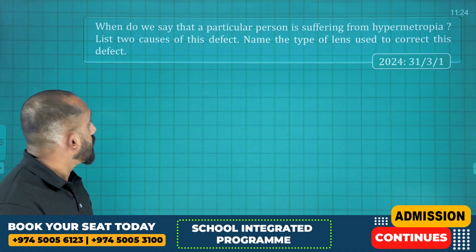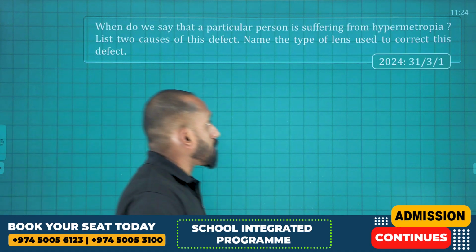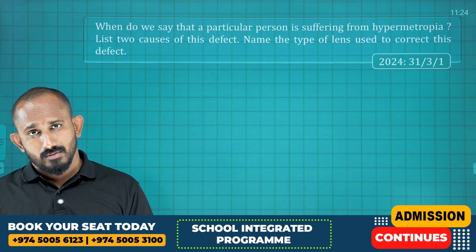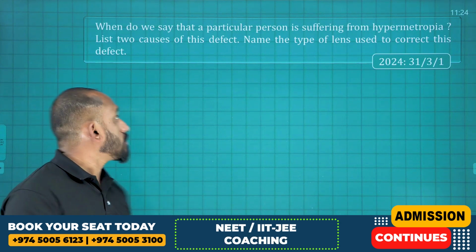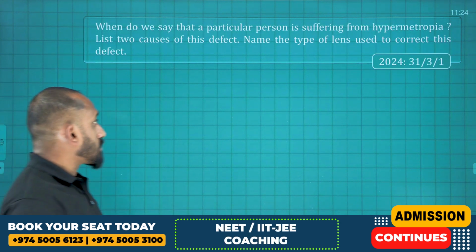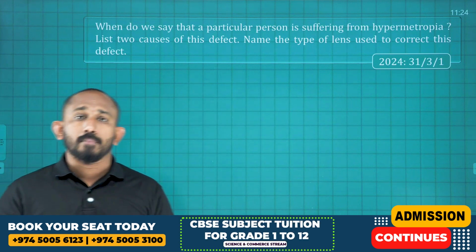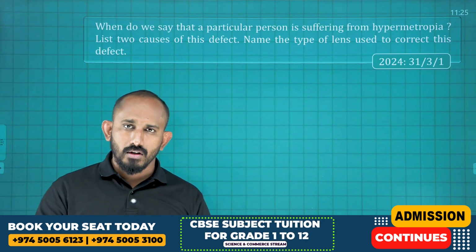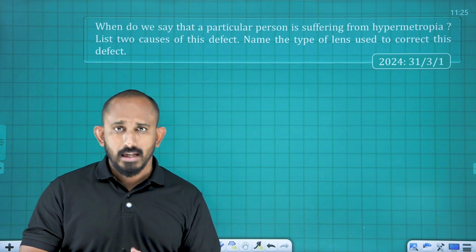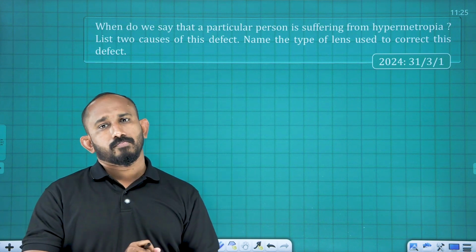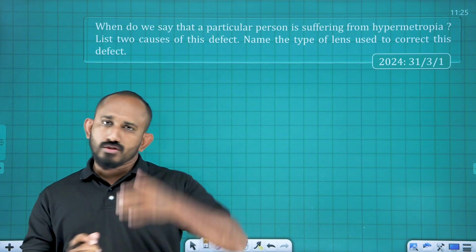When do we say that a particular person is suffering from hypermetropia? What is hypermetropia? List two causes of this defect. Name the type of lens used to correct this defect. So hypermetropia is when a person is not able to see the near objects clearly. The distant object he can see.